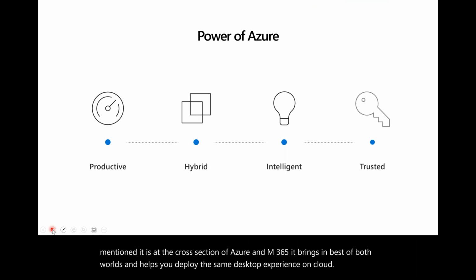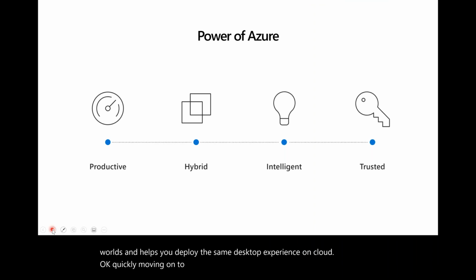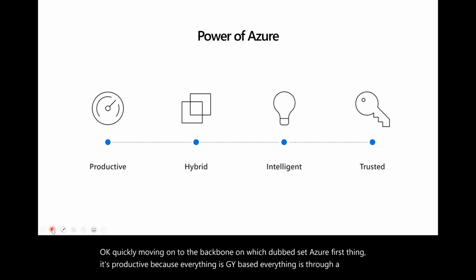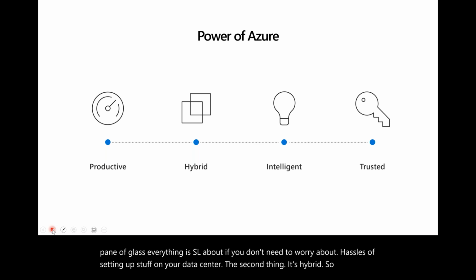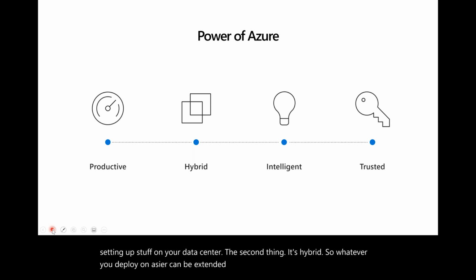Okay, quickly moving on to the backbone on which WVD is set, Azure. First thing, it's productive because everything is GUI based, everything is through a single pane of glass, everything is SLA backed. So you don't need to worry about the hassles of setting up stuff in your data center. The second thing, it's hybrid. So whatever you deploy on Azure can be extended or deployed on premises also. In fact, we have partnerships with providers like Citrix and VMware who provide the on-premise solutions.